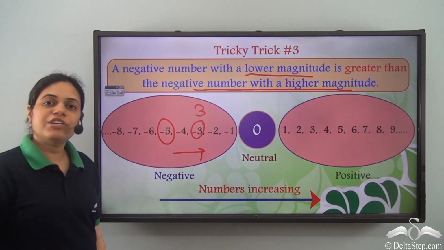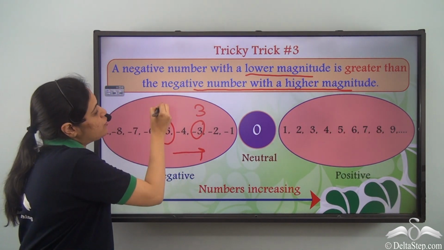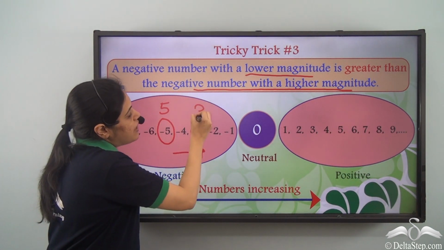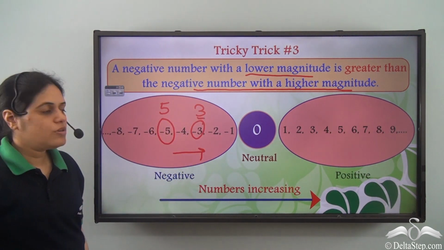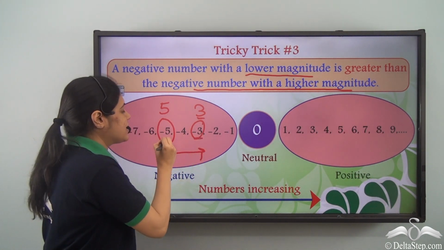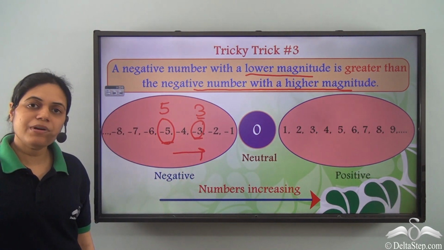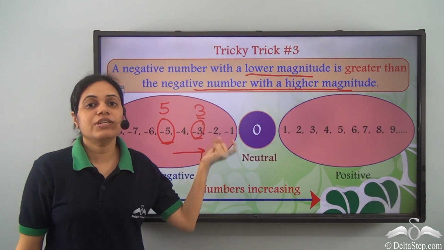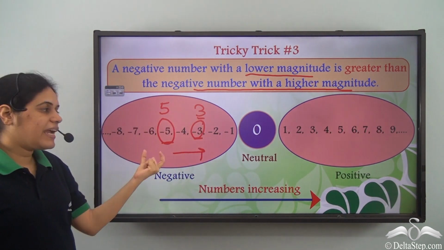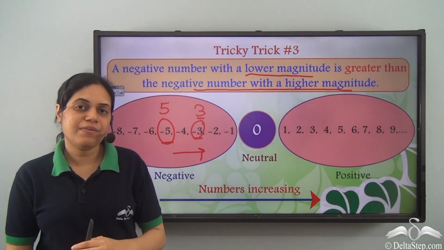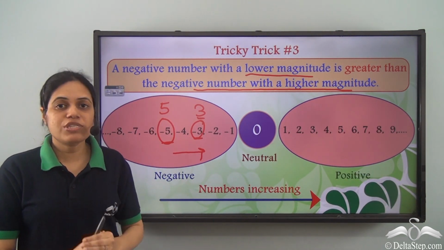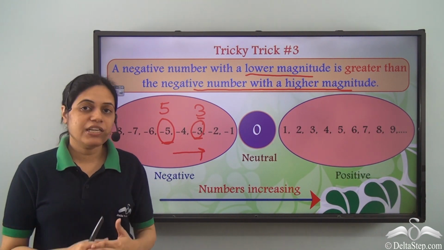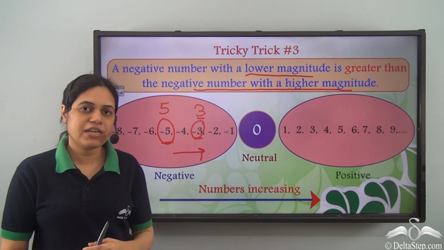The magnitude of negative 3 is 3 and the magnitude of negative 5 is 5. So the negative number with lower magnitude is greater. Using these three tricks, we can easily arrange the integers in ascending or descending order.